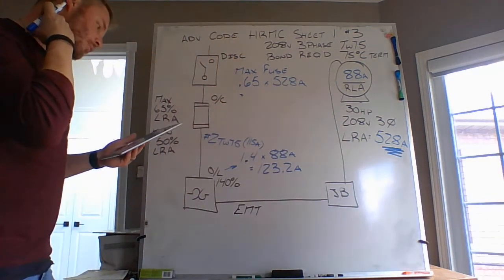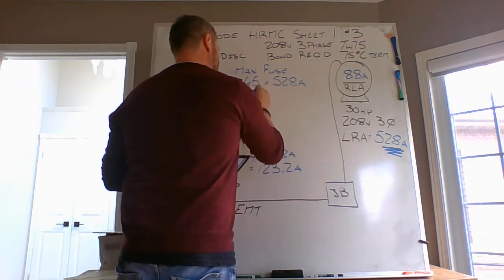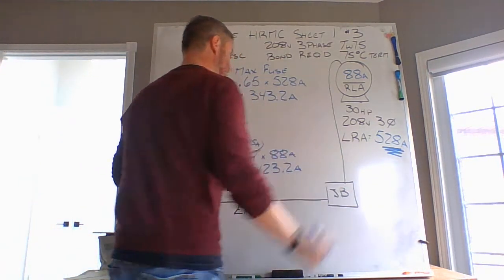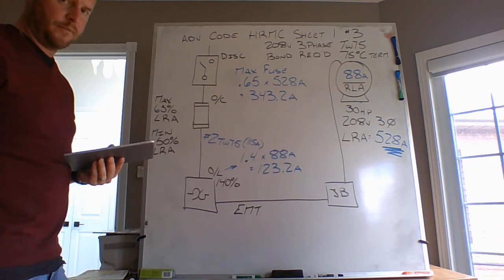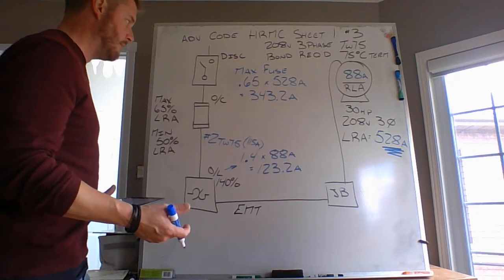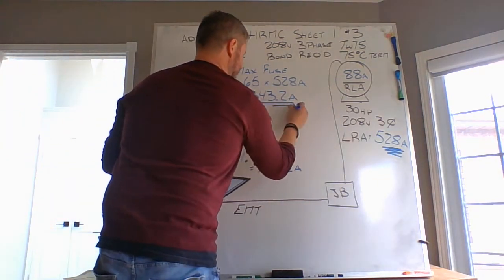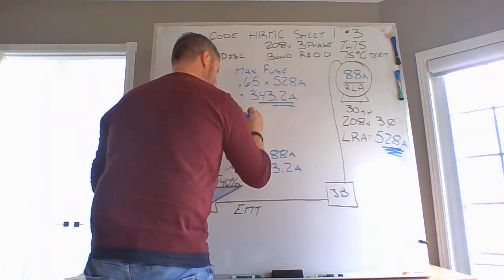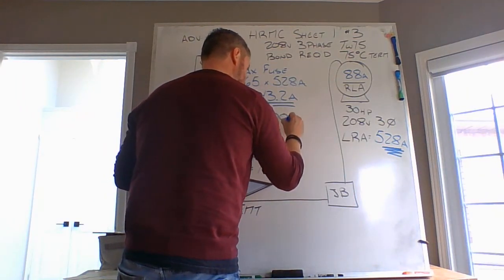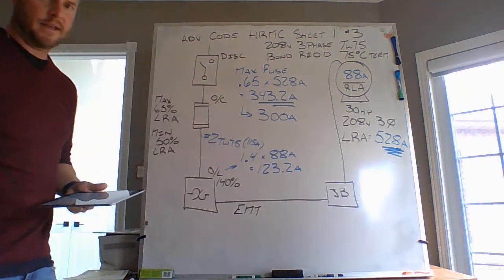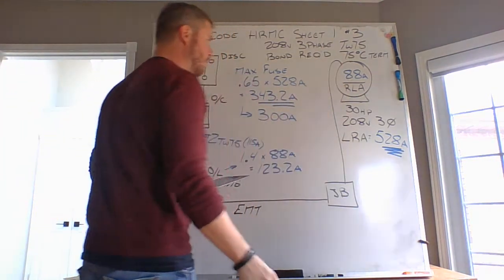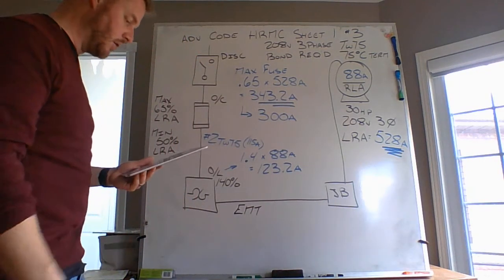My max fuse at that point in time will be calculated at 343.2 amps. Maximum fuse capability at 65% of the locked rotor current of 528 amps. Once again, I can't exceed that number. So I go back to table 13 and I find out that a 300 amp fuse will suffice. So I can increase from a 250 to a 300 if that locked rotor current is too high for that hermetic refrigerant motor compressor to start.